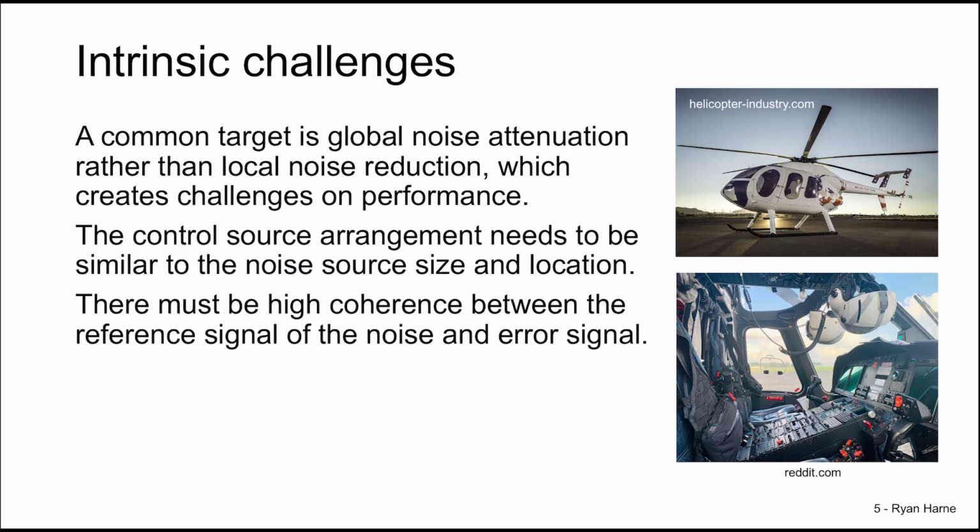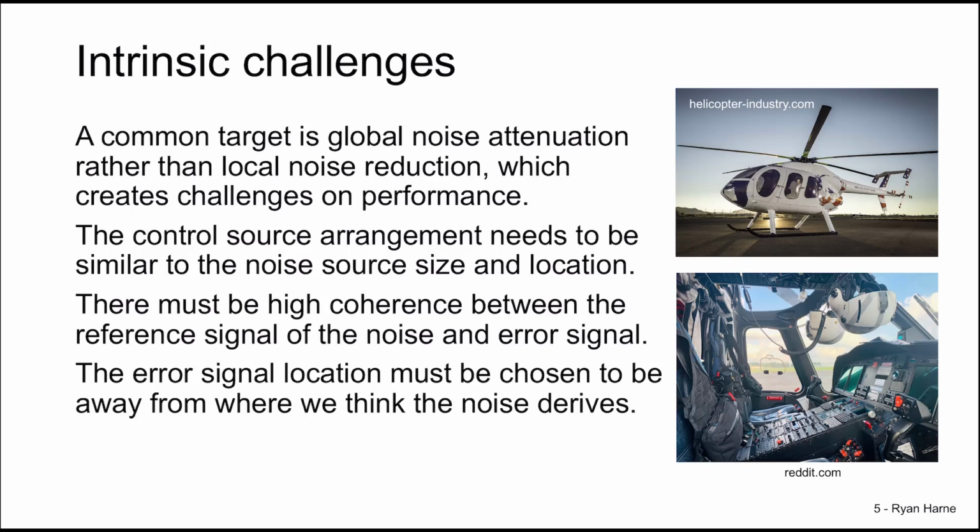There also must be high coherence between the reference noise measurement and the error signal. We need some indicator of what the noise is before it reaches the listener. For instance, it might be an accelerometer on the rotorcraft hub.